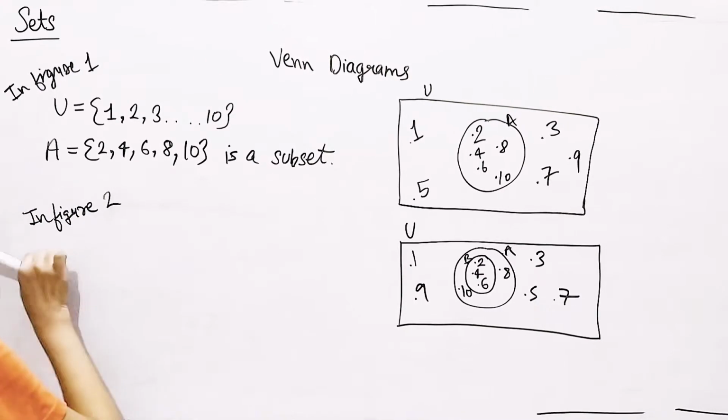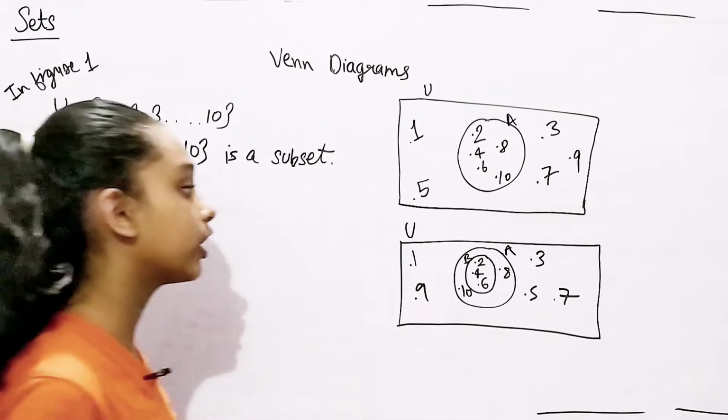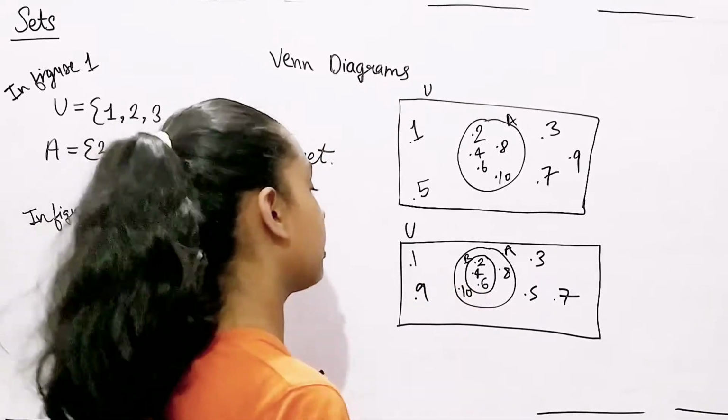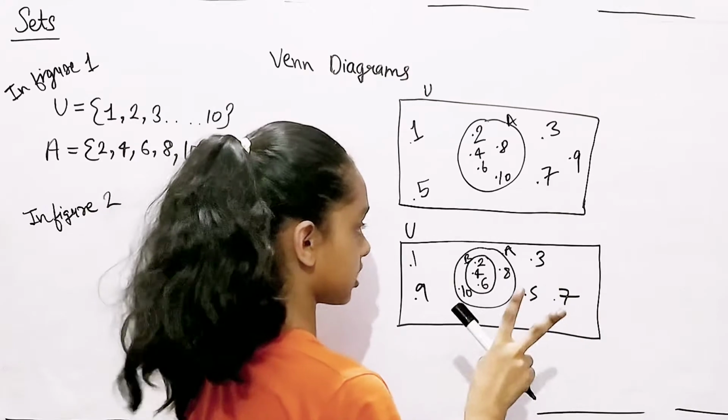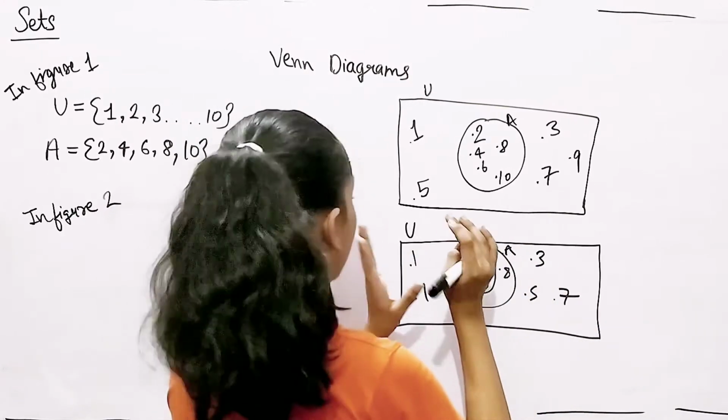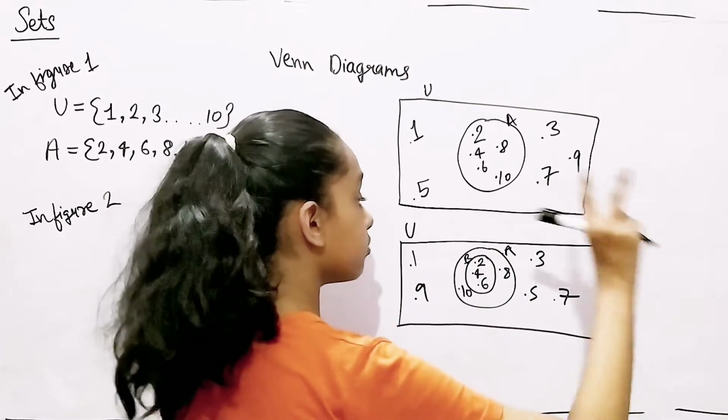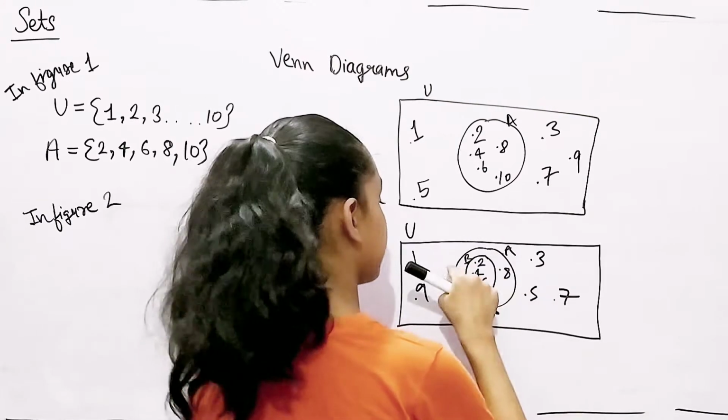In the second illustration, we have the universal set, and there are 2 more sets, that is set A and set B.